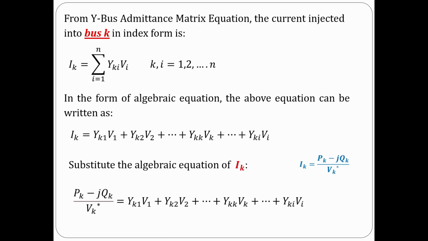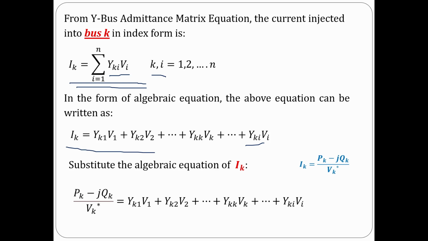From the Y-bus admittance matrix equation, the current injected into bus k in general or index form is Ik equal to the summation from i equals 1 up to n of Yki Vi, where k and i range from 1 up to n. Writing this in algebraic form, we have Ik equal to Yk1 V1 plus Yk2 V2 plus ... Ykk Vk plus ... Yki Vi.